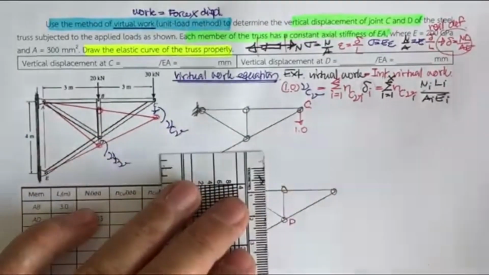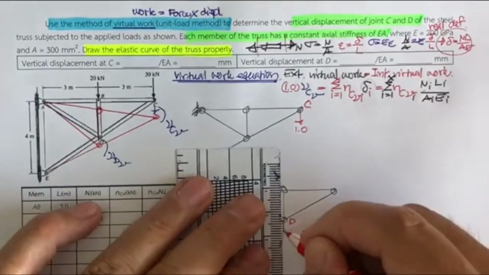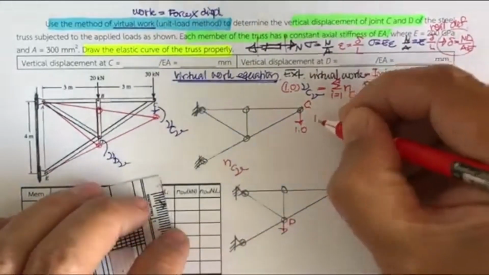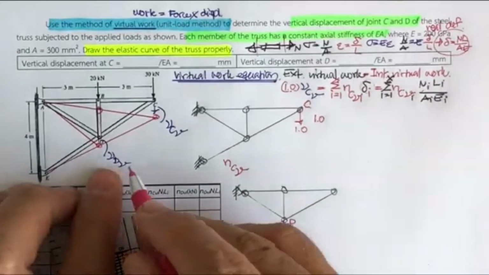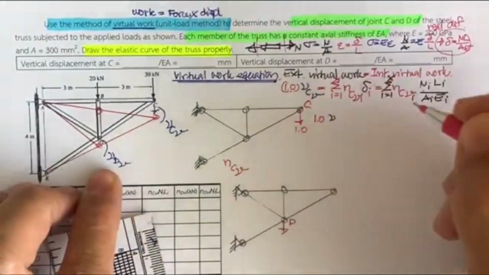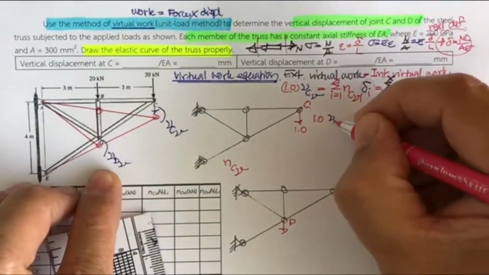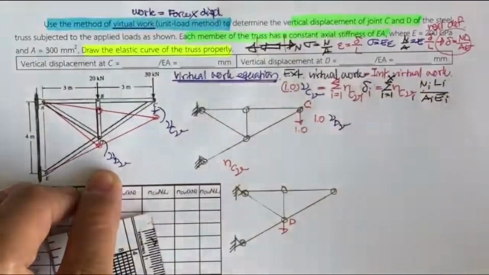Again the 1.0 force gets multiplied by the real displacement at D in the vertical direction.